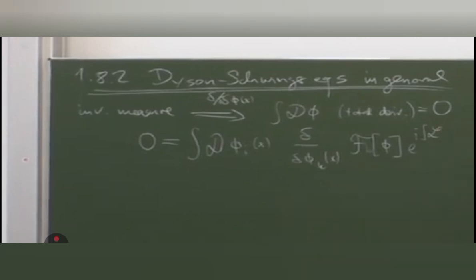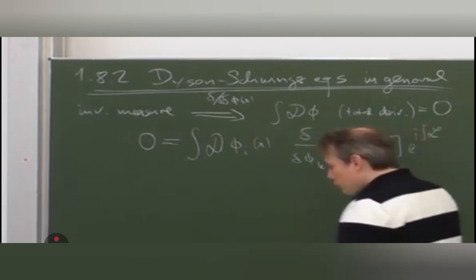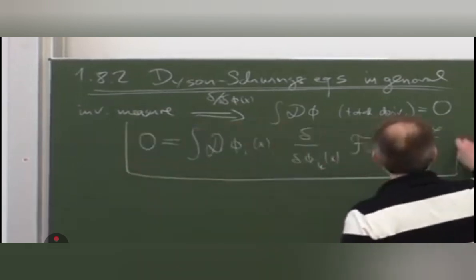This operation gives 0. And also, just to recap, this e to the I times the action is the usual integrand of the path integral, which generates the dynamics of the theory. And here we insert also some additional functional of the fields, which would normally be a product of field operators in order to generate a Green's function. Okay, so this is then the simple statement.